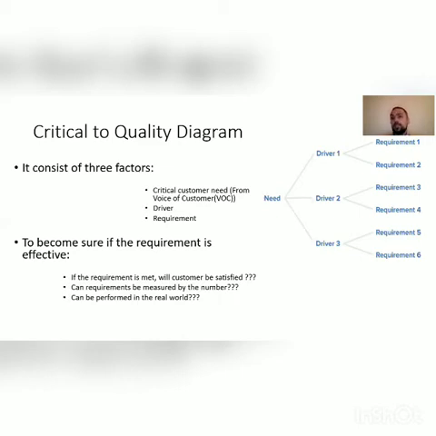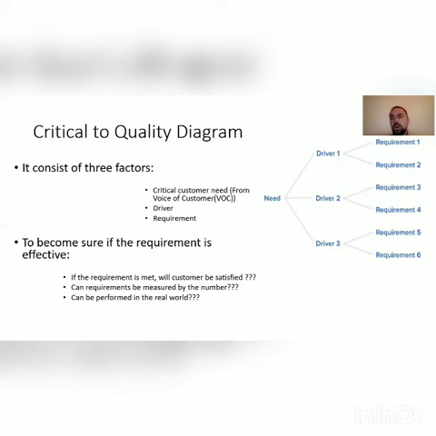The drivers are those factors which we need. If we need to perform, it means to answer those needs, we need to prepare these drivers. And the requirements are the basic needs of the driver. It means that we should do and achieve these requirements so as to achieve the driver.